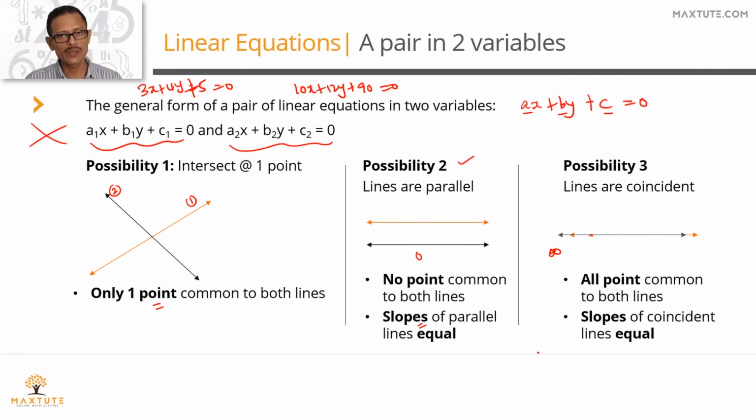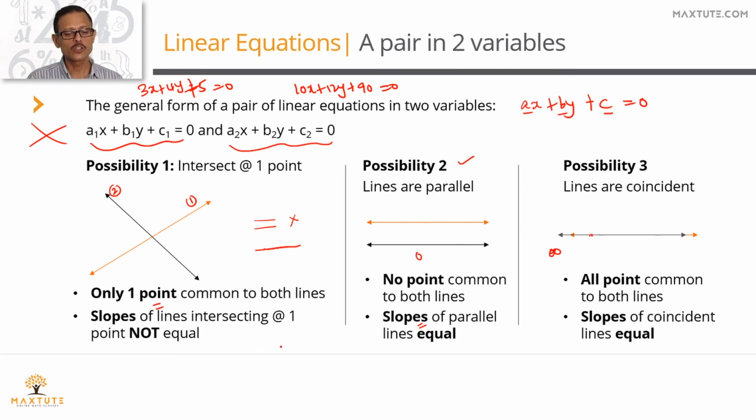So if slopes are equal, we have two possibilities: could be parallel, could be coincident. The converse is going to be true if these two straight lines are intersecting at one point. These two lines are not parallel, these two lines are not coincident, which means their slopes cannot be equal. So if two straight lines intersect at one point, then the slopes of the lines will not be equal.